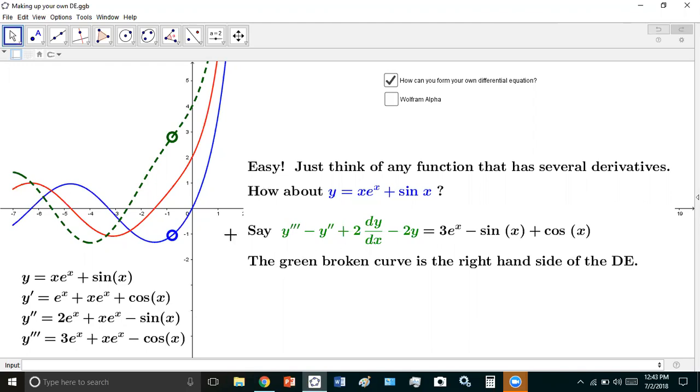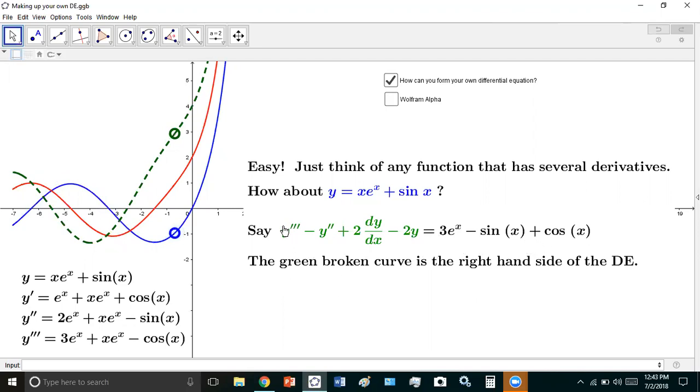And just to make sure that I was on the right track, I decided to test this. So I placed a little point here, and I move it along to see if the green curve is indeed the right-hand side of this equation here.